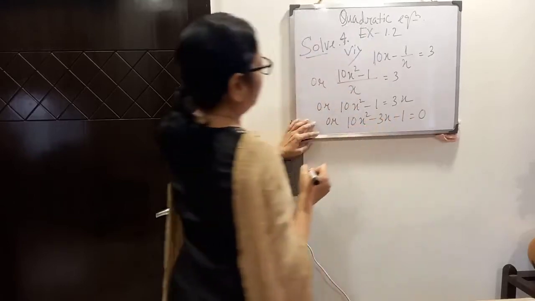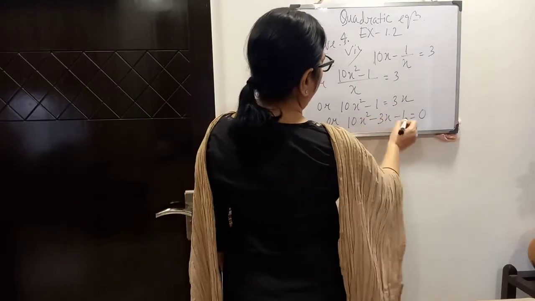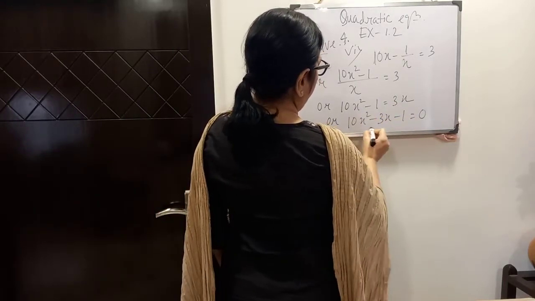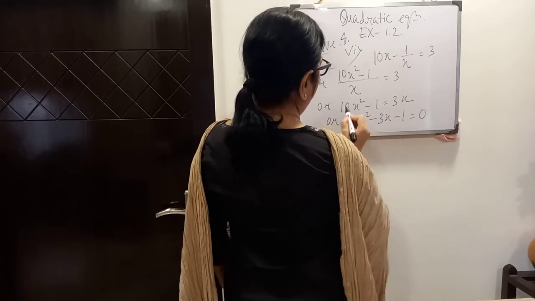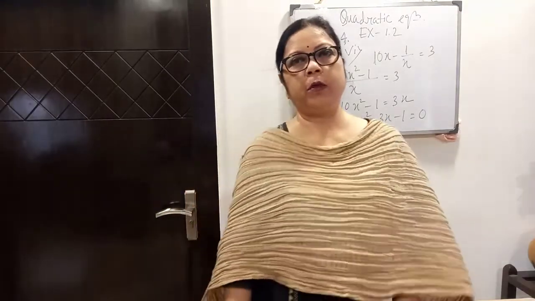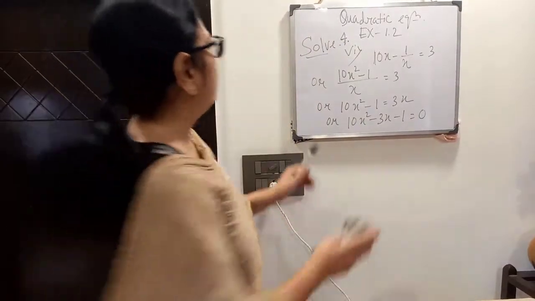Now see, we have to solve. Now you know 10 into 1. How do you solve this equation? Now we will solve by middle term factors. 10 into 1, 10. So what are the factors of 10? From here we can get 3. 5 into 2, 10. So minus 5 plus 2 gives minus 3. Then we can solve it.